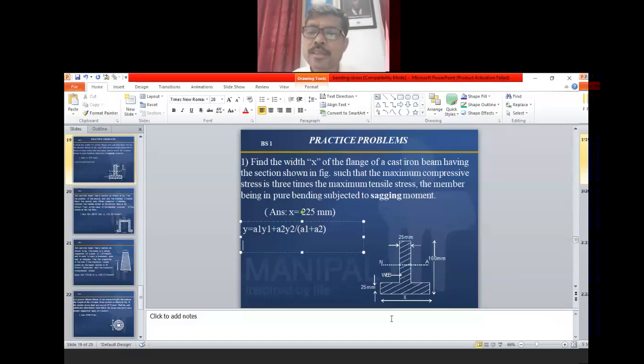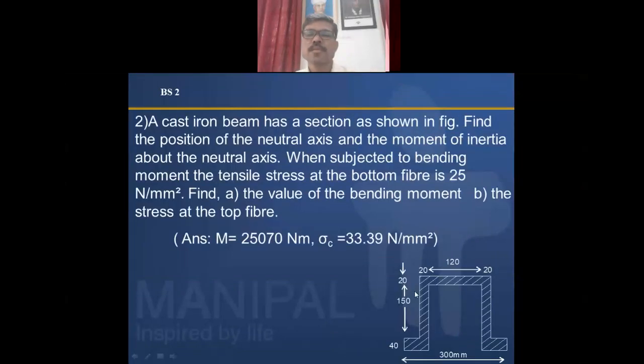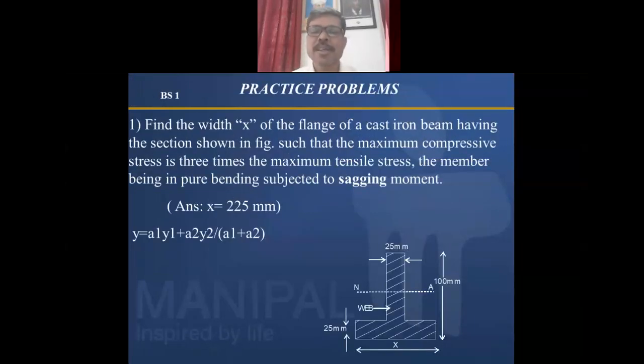I tell you here, this 75 which you took. Now find out Ixx about the neutral axis. 25 is the correct answer. Now find out our Ixx about the neutral axis.